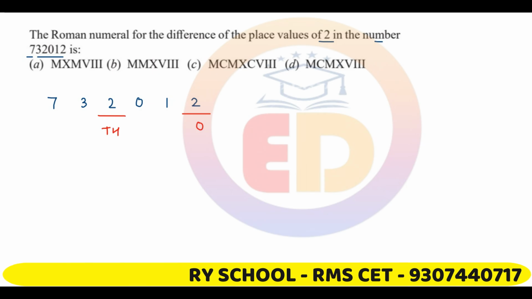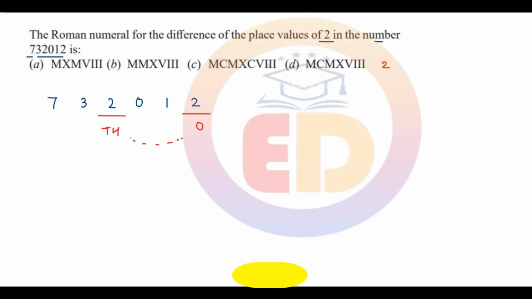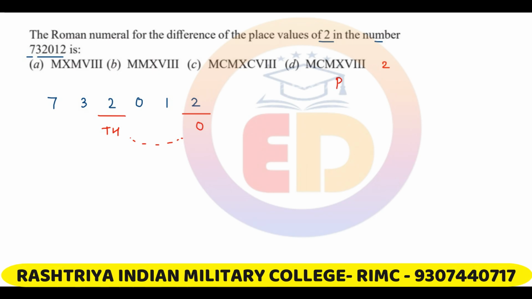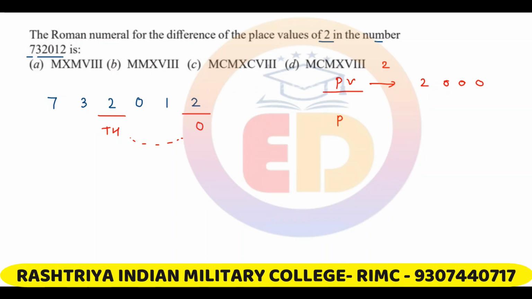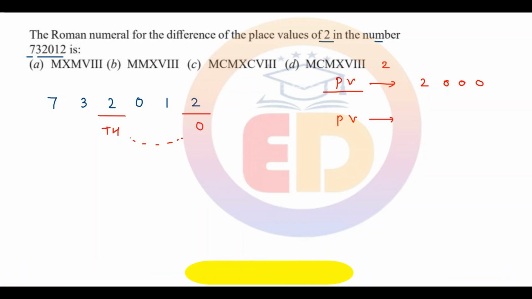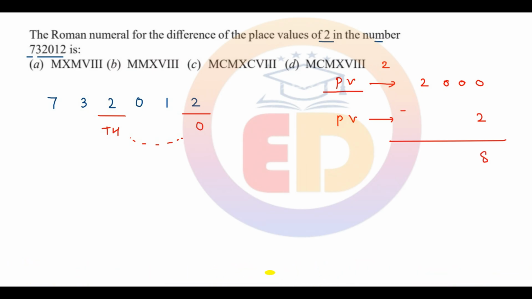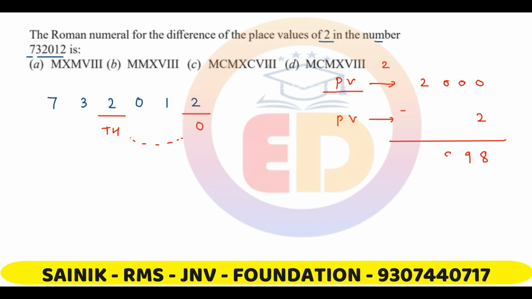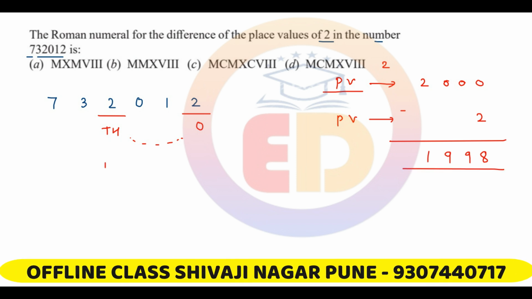Let us find out the difference of place value and then write the Roman number for that. Place value of 2 at thousands place will be 2000, and place value of 2 at ones place is 2. Subtracting them we get 1998. So let us write down the Roman number for 1998.